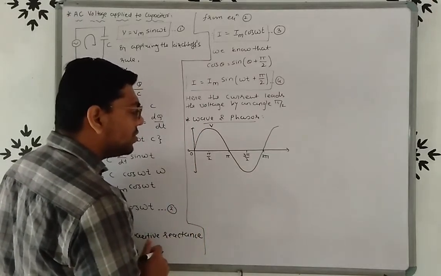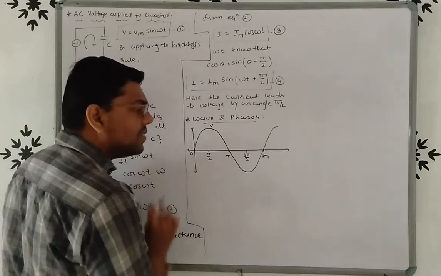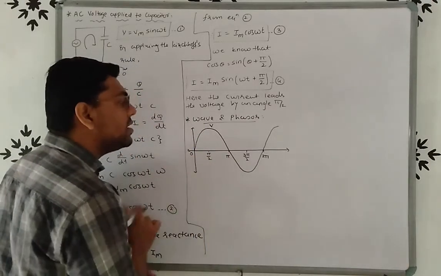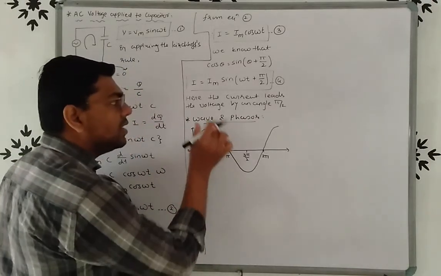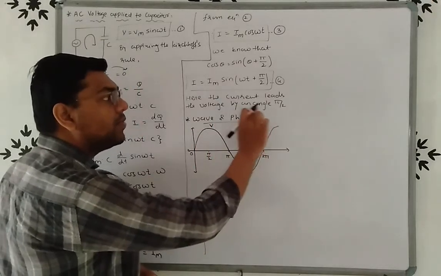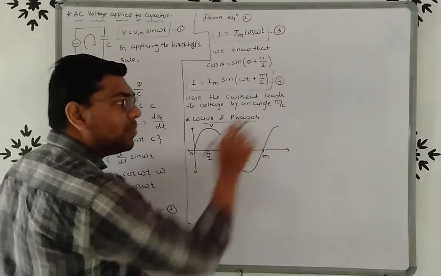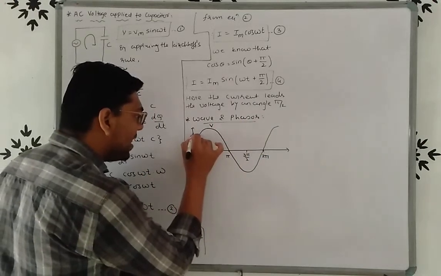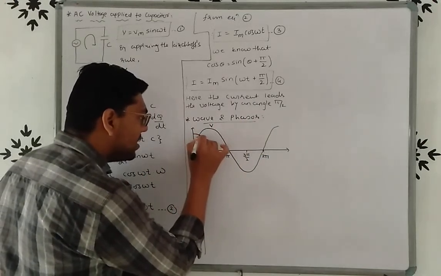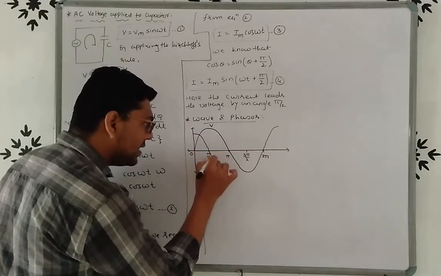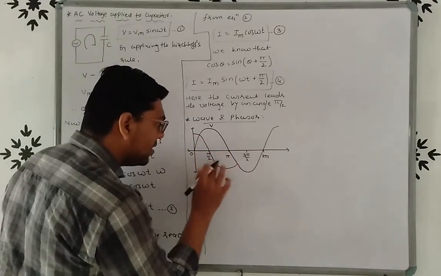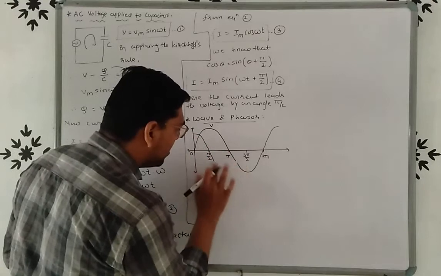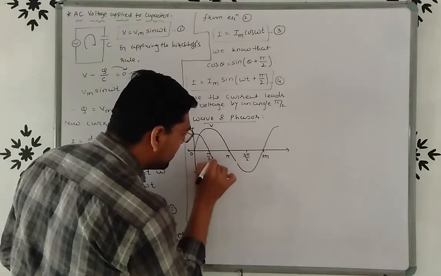So due to this, the current is maximum at 0, right? Because the current is ahead of voltage by angle pi by 2. That means the current is maximum at 0. Then it starts decreasing like this, right? So the wave is like this.